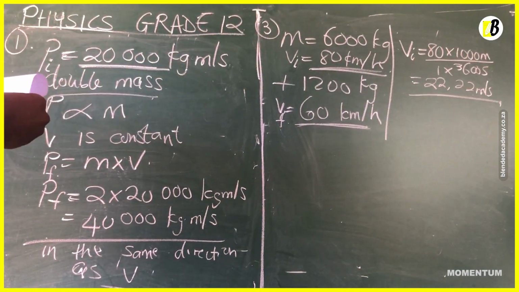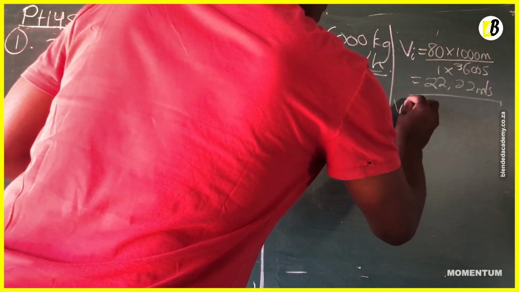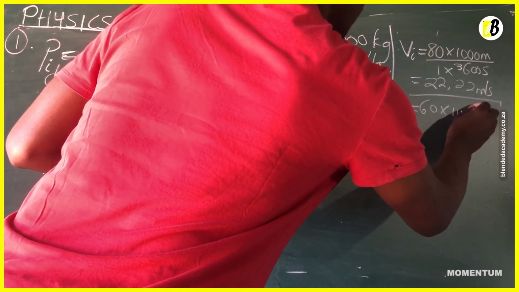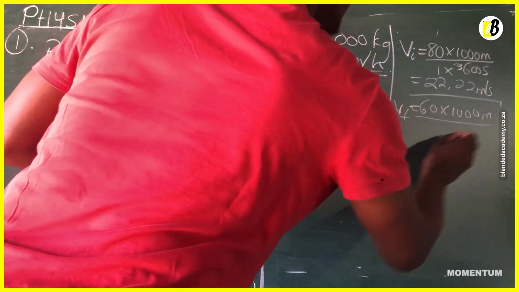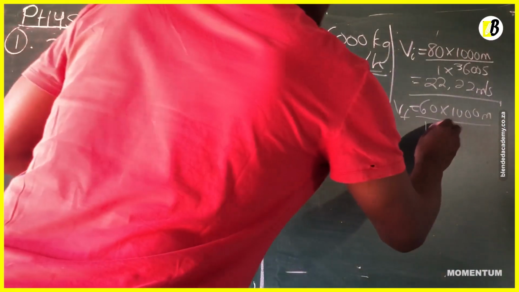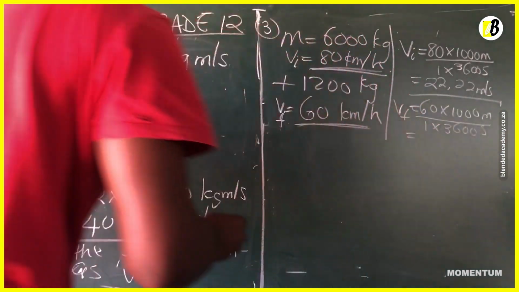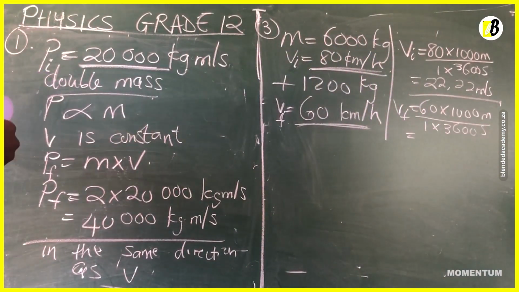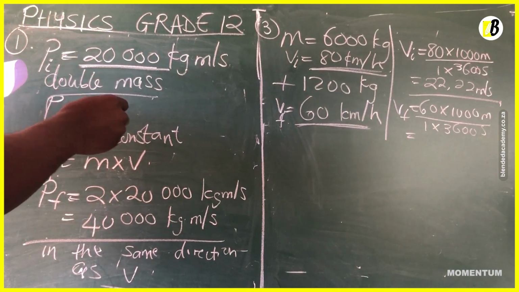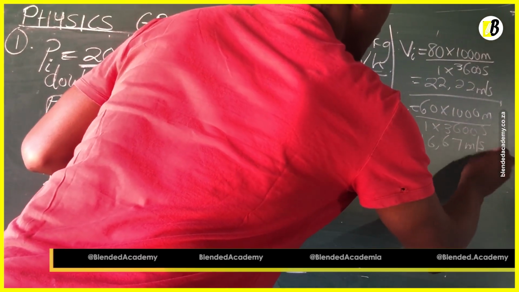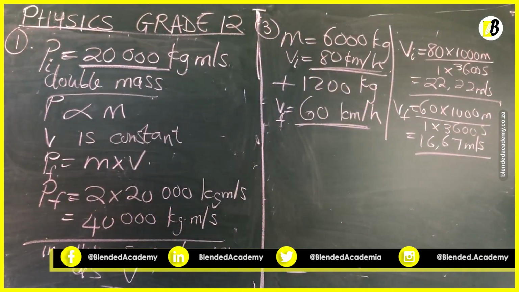And after loading the truck, we're going to have a velocity of 60 multiplied by 1,000 divided by 1 multiplied by 3,600. So now we're converting it to meters per second, which is our SI unit for velocity. And that's going to give us 16.67 meters per second.